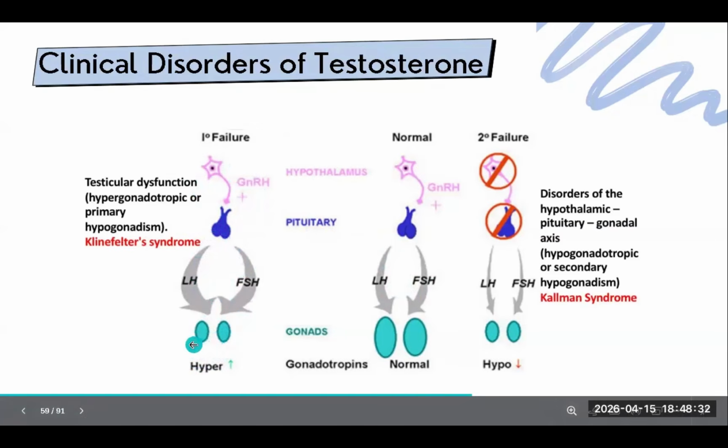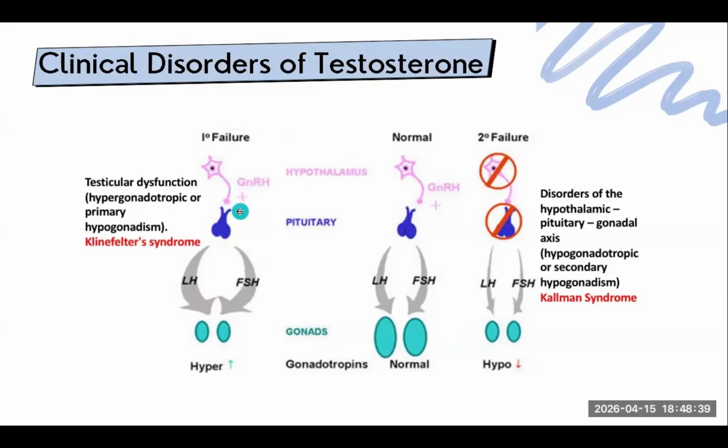However, since the testes are not responding, you would have no negative feedback and there would be increased GnRH production, increased LH and FSH production, the gonadotropins, and therefore it's known as hypergonadotropic or primary hypogonadism.